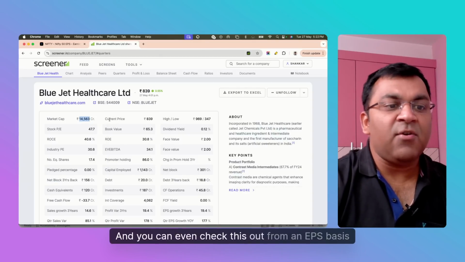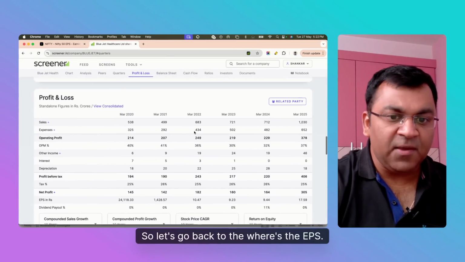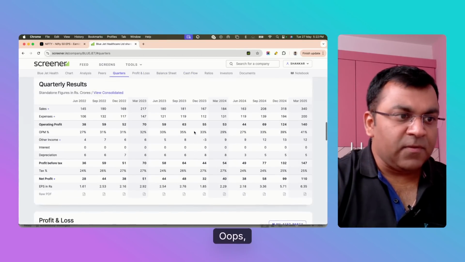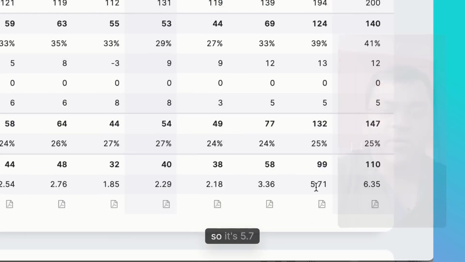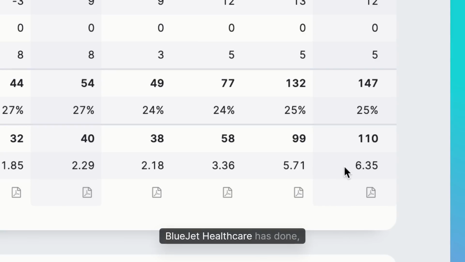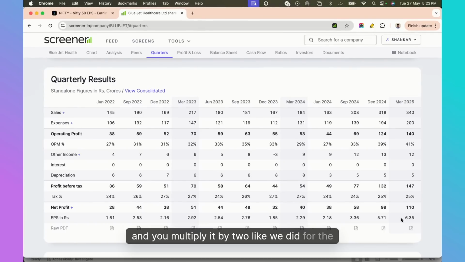And you can even check this out from an EPS basis also. So let's go back to the EPS. Yeah, so it's 5.7 plus 6.3. So BlueJet Healthcare has done over the last half a year 12 rupees of EPS, earnings per share, and you multiply it by 2 like we did for the profits.